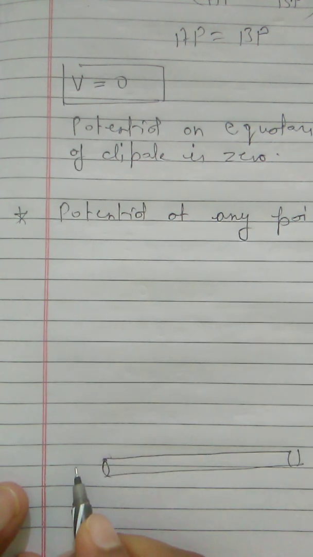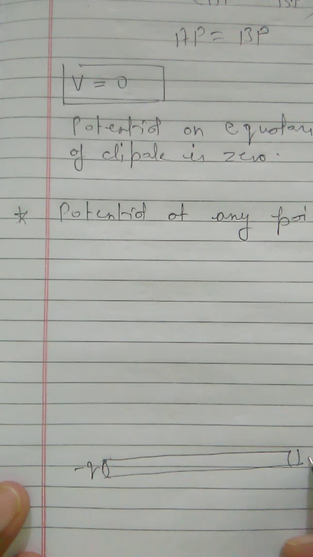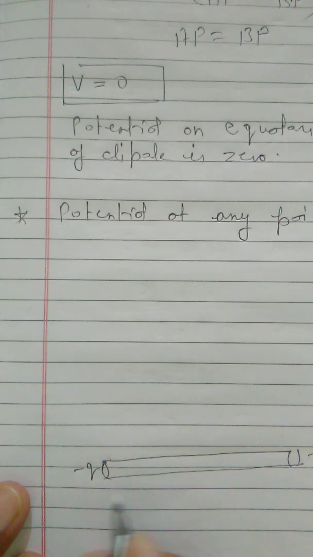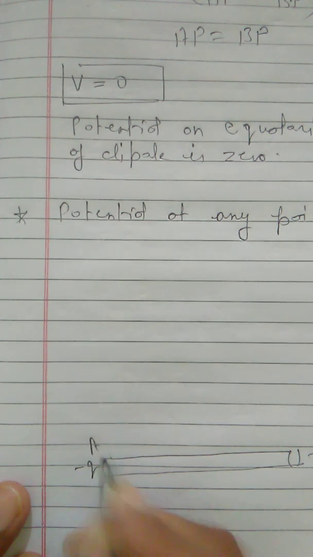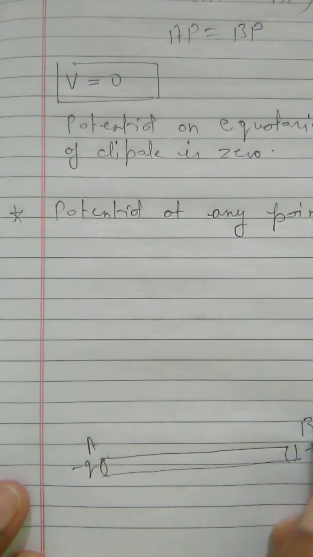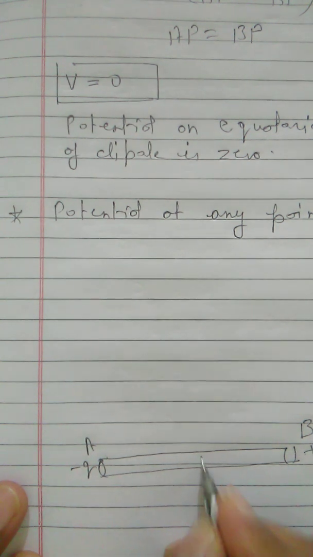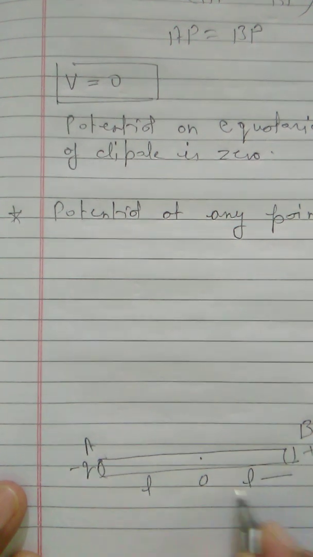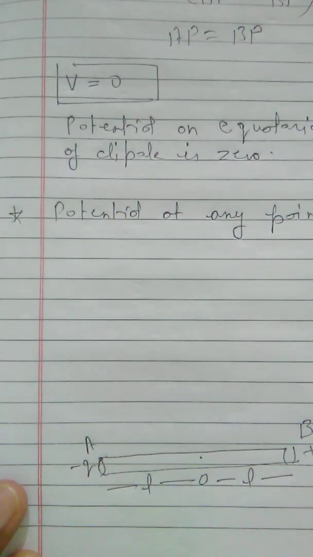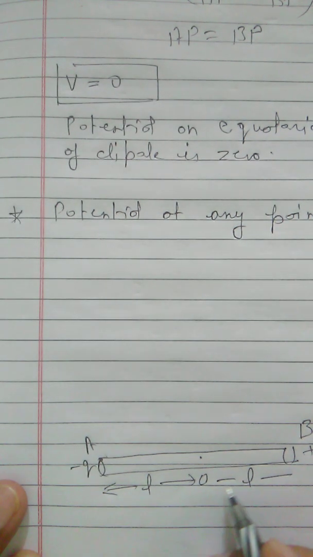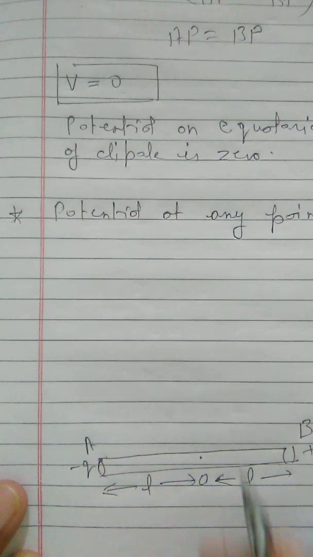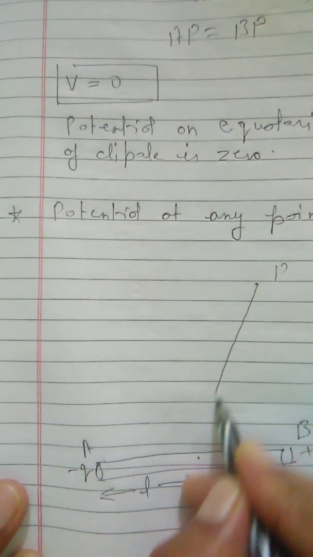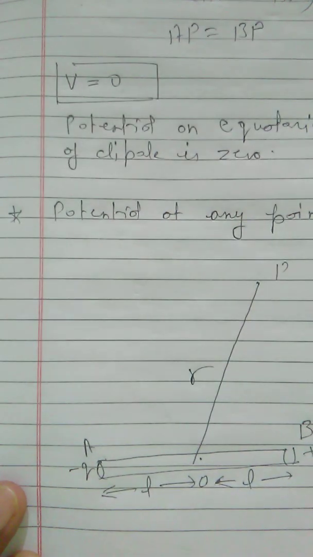Here let us put a charge minus q, here put a charge plus q, and say this point is A, this point is B, and this is center O, and length is L. Suppose let us take a point P here, which is at a distance r from the center.